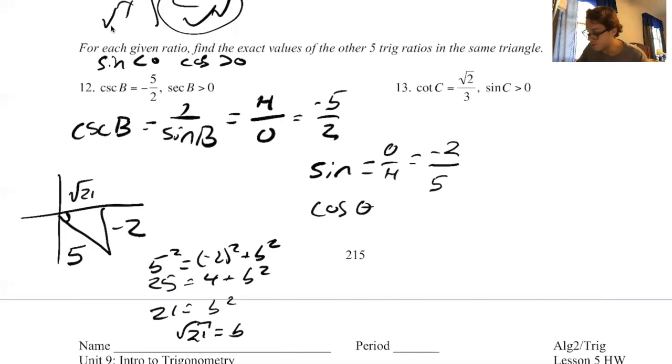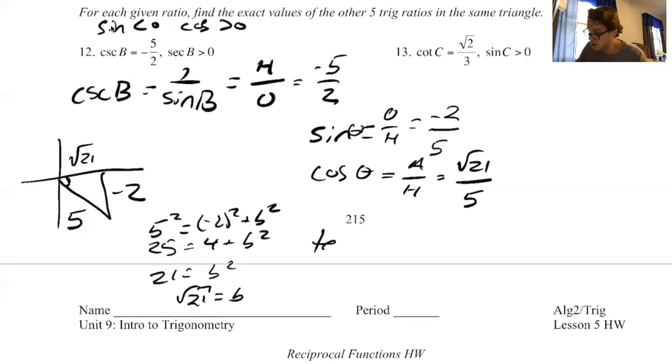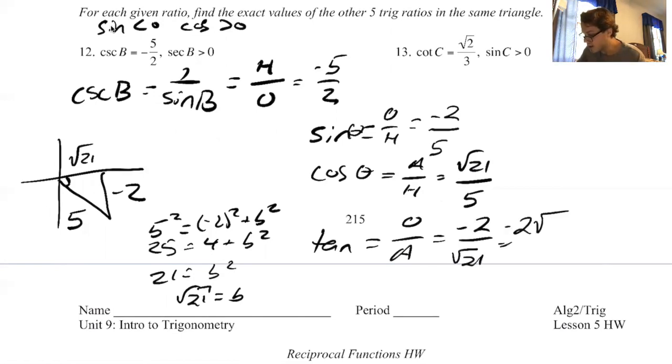Cosine of theta is going to be equal to the adjacent over the hypotenuse, which is just radical 21 over the hypotenuse, which is 5 in this case, right? Tangent is equal to opposite over adjacent. So our opposite side is negative 2. Our adjacent side is radical 21. We rationalize and we get negative 2 radical 21 over 21.